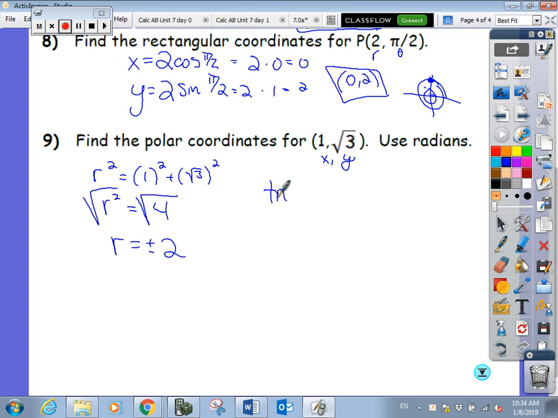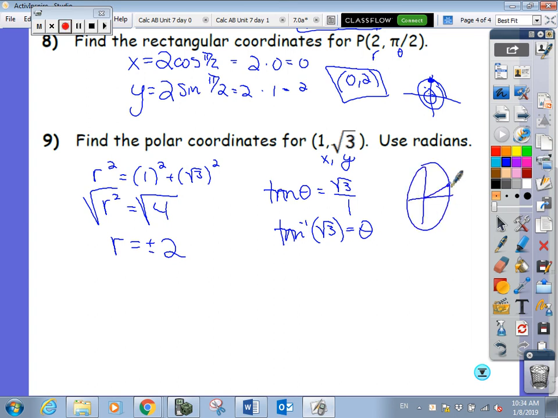And then over here, we have tangent of theta equals y over x. So if you want to go one more step and write this, you can. You don't have to. Either one of those would be fine for work. So we just got to figure out which, is it pi over 6 or pi over 3, where that happens. At pi over 6, we have root 3 over 2, 1/2. And at pi over 3, we have 1/2, root 3 over 2.